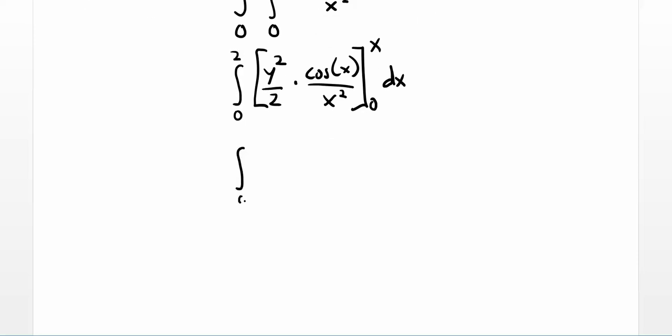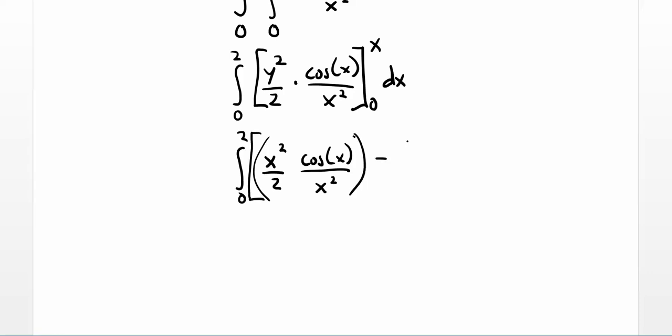Plugging in x for everywhere we see y, we'll have x squared over 2 cosine of x over x squared. That's the upper bound. Minus the lower bound, which is just 0. We're plugging in 0 for y, so this becomes 0.